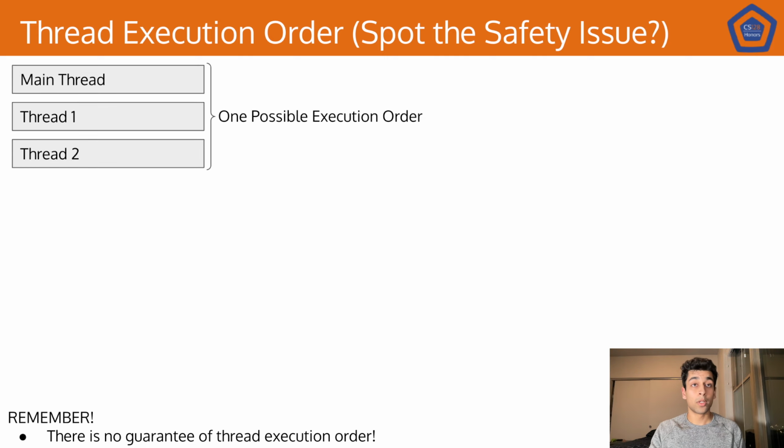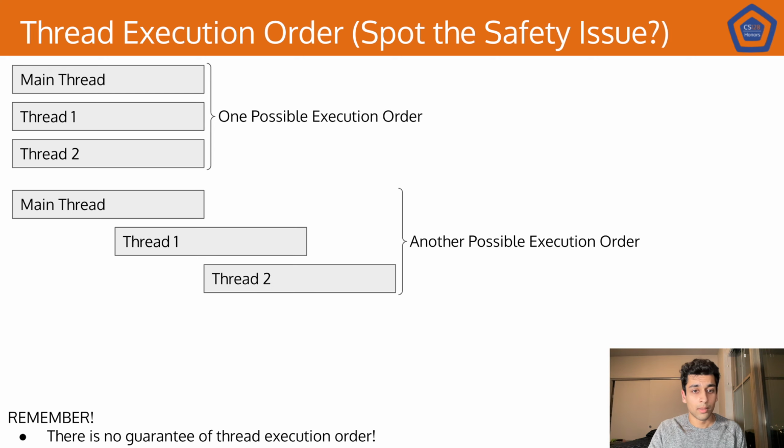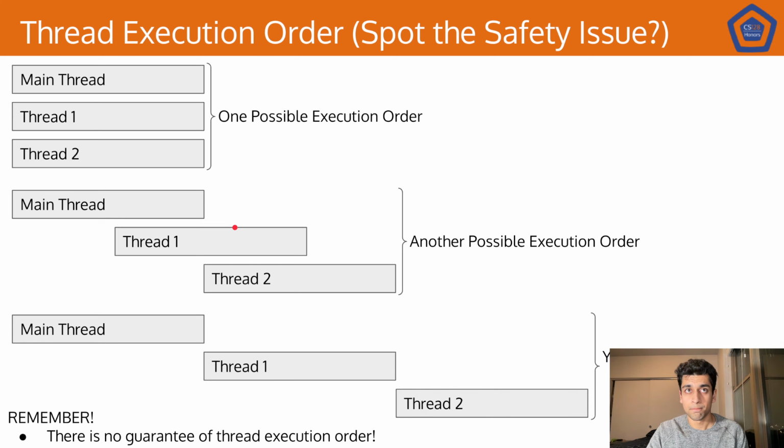So one potential execution order that we saw was that all threads run together and finish together. Another one is the main thread runs for a little bit, then thread 1 runs for a little bit and finishes, then thread 2 runs for a little bit and finishes. This is another potential execution order. Suppose you only had one CPU in your computer, one processing core.